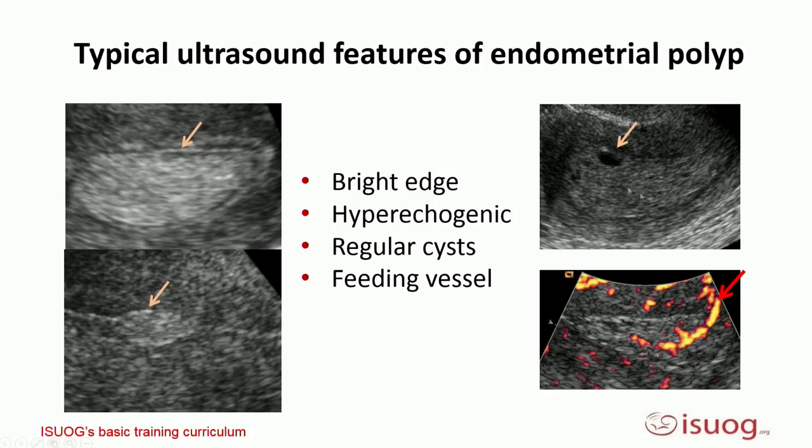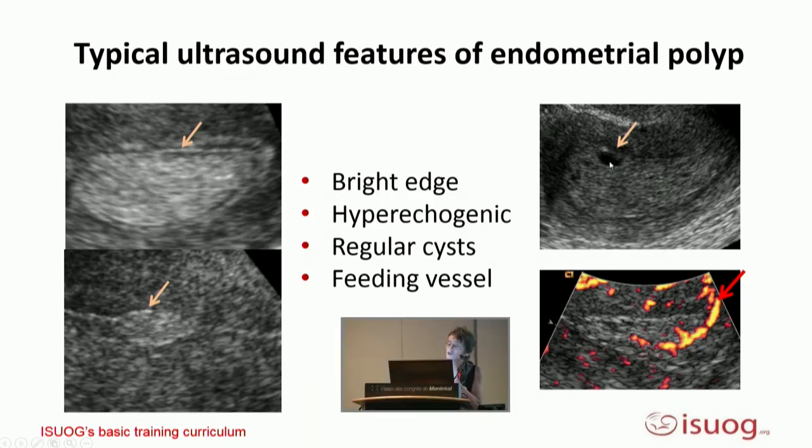And inside this polyp here are regular small cysts, at least one relatively large smooth-walled anechoic cyst. This is a very typical finding of an atrophic polyp in a postmenopausal woman. So here, for example, you have a hyperechogenic polyp. You can see the bright edge, which reflects the interface between the polyp and the endometrium.